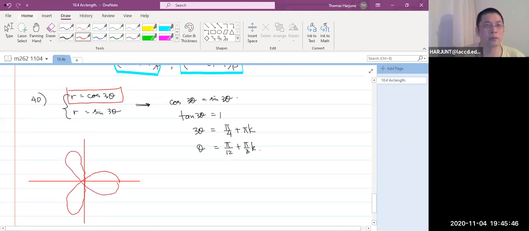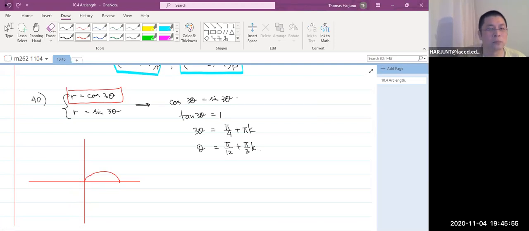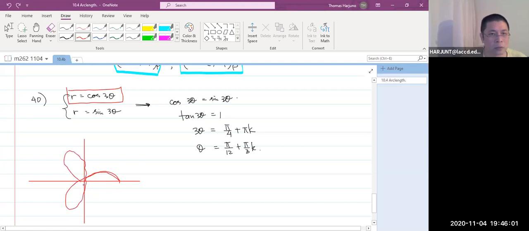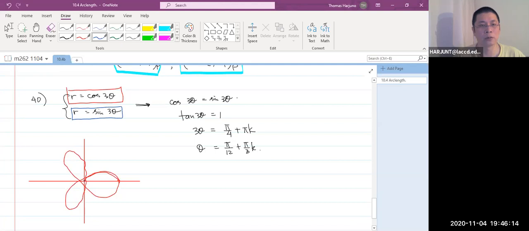Like that, approximately. While r equals sine 3 theta will actually come from here.